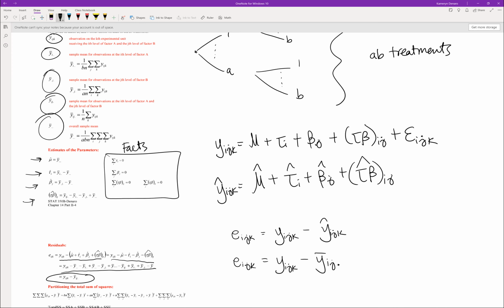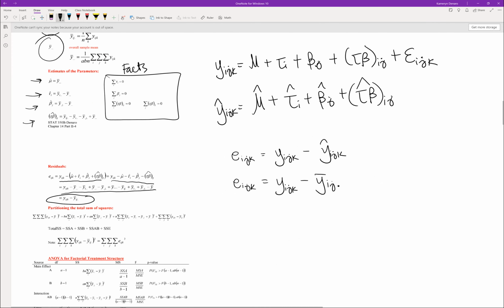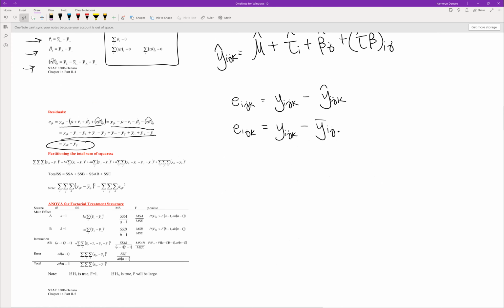Just as always, we're going to partition the total sum of squares, which will help us when we want to build an ANOVA table. The total sum of squares is equal to the sum of squares due to factor A, the sum of squares due to factor B, those are our main effects, plus the sum of squares due to the interaction term AB, plus the sum of squares error.